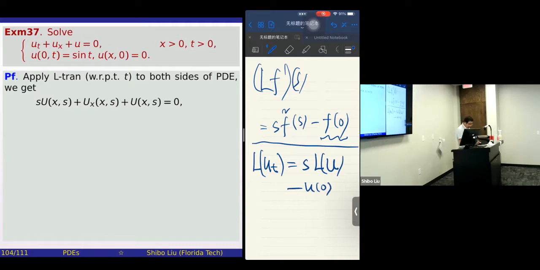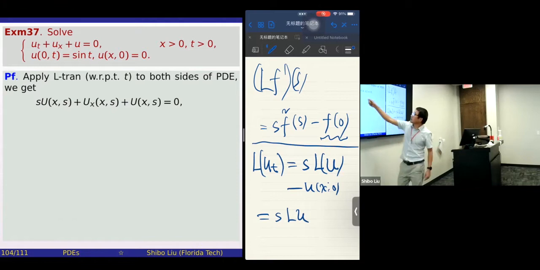Of course, u is a function of x, and you can consider this x as a parameter. But u(x,0) is 0. So you only have s L[u]. We denote the Laplace transform by capital U. Of course, the capital U also depends on x because your small u depends on x and t. Taking the Laplace transform with respect to t, you only change u, but the variable x remains.